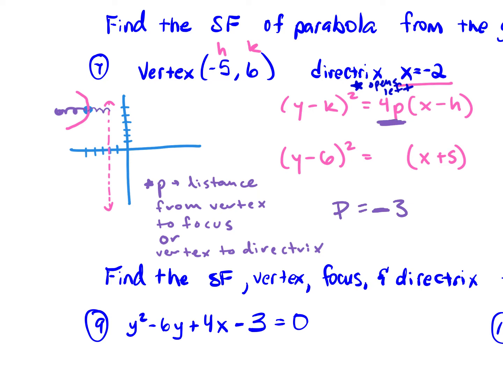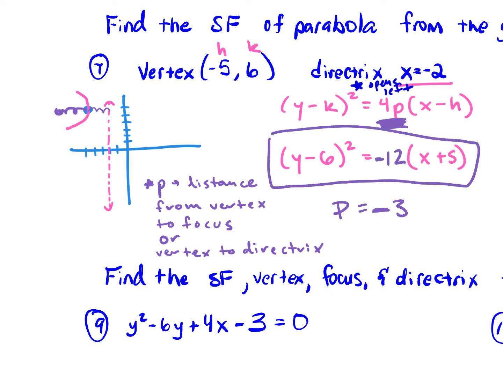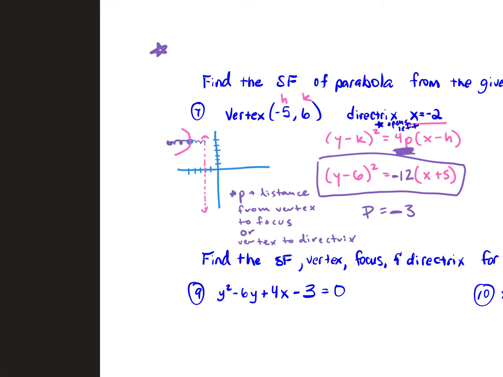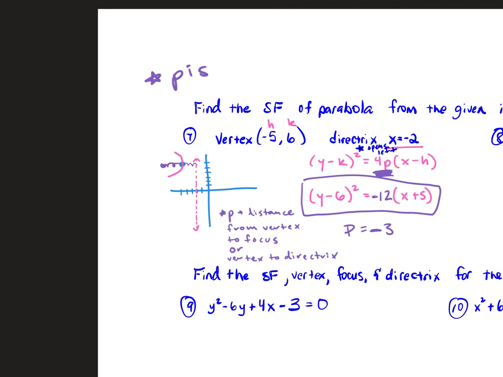I have to multiply that times 4 because that's what my equation calls for, 4P. So it'll be negative 12. And that's standard form. So I'll make a little note here: P is negative when the graph opens to the left or down.